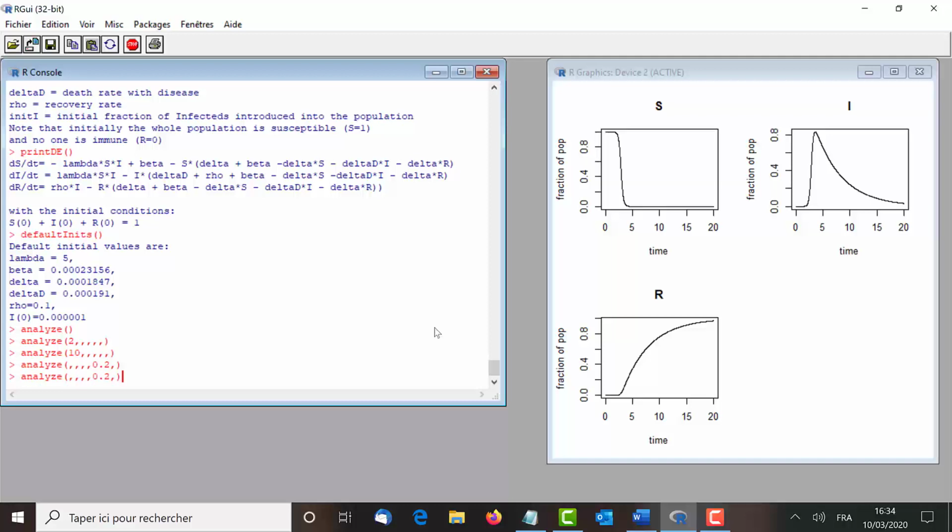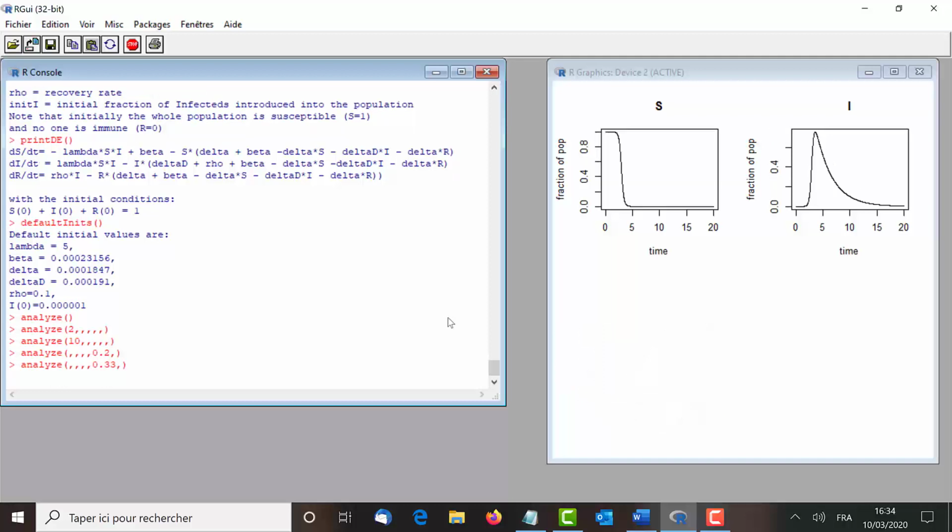However, if I go even higher, up to 1/3, that means I have 3 weeks of an infectious period. Now my curve drops down even further. Notice that as people get well faster, 3 weeks instead of 10 weeks, I still have a peak. I still have an explosion.